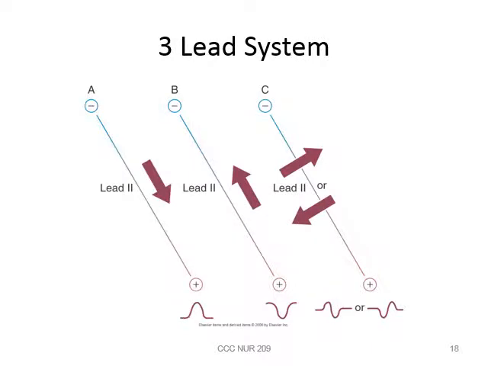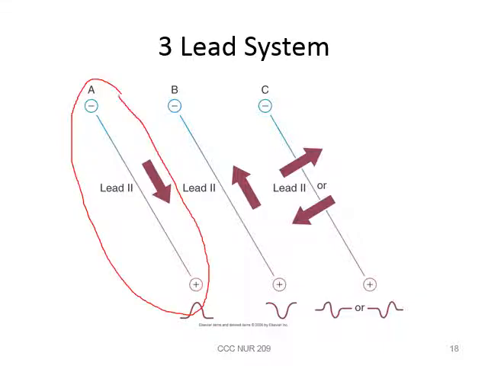With a 3-lead system, what we're typically going to do with all of our systems is look at lead 2. Lead 2 goes across basically the angle of the heart. It follows the electrical pathway of the heart.